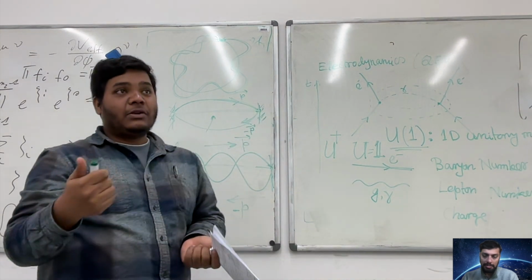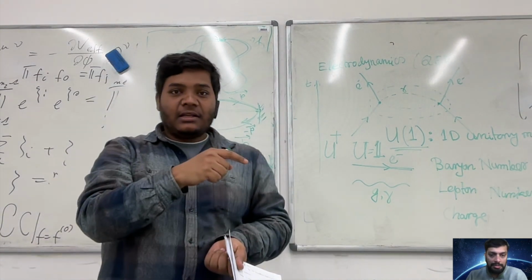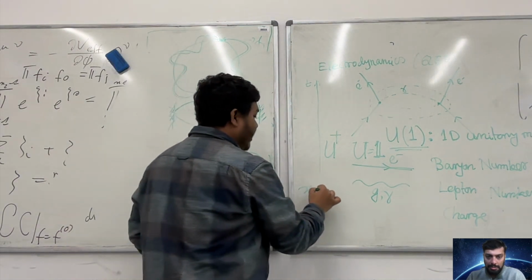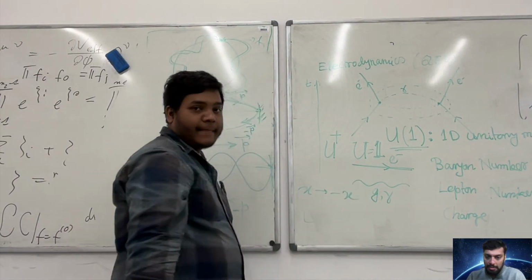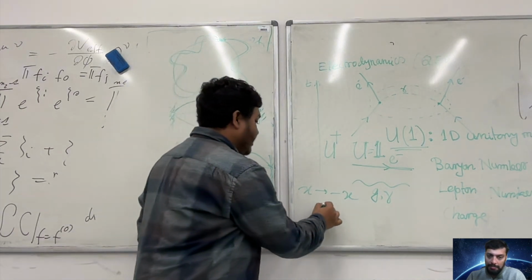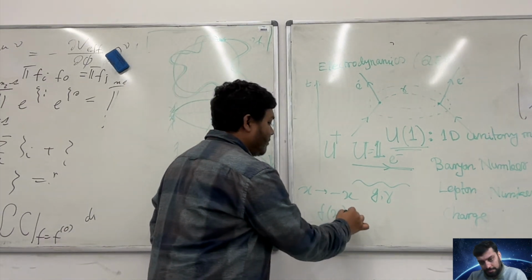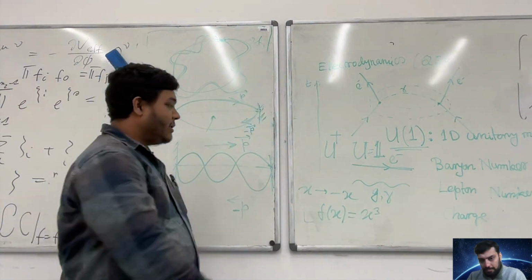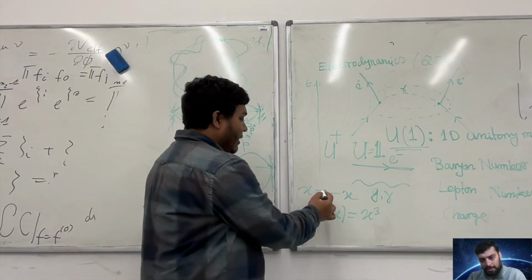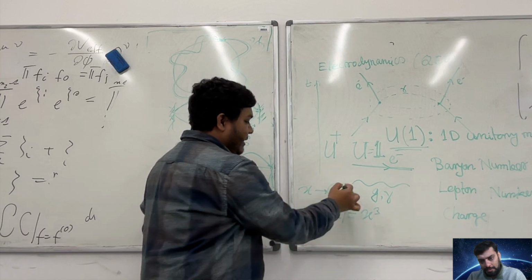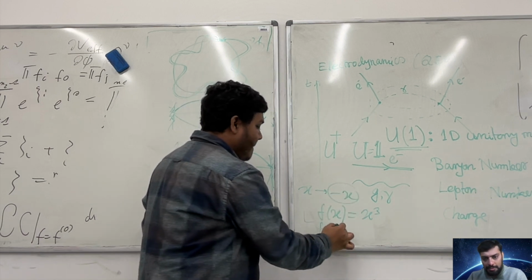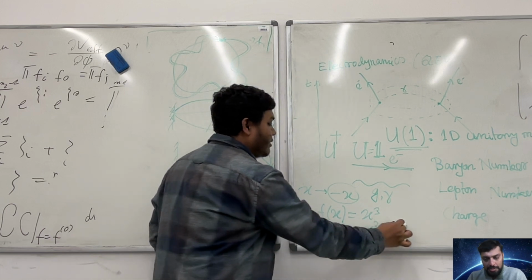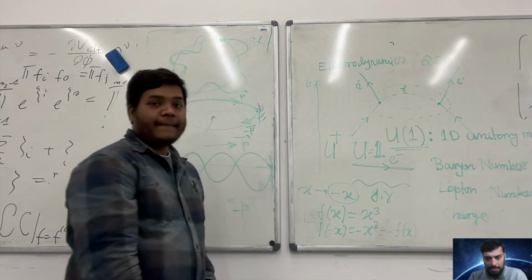Whenever momentum is not conserved, there is a corresponding symmetry, which is a positional symmetry. Like if we move from x to minus x. Consider a function x to the power 3. When we change from x to minus x, it becomes minus x cube, which equals minus f of x.